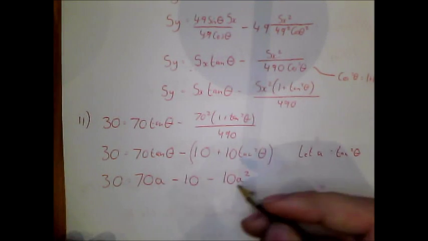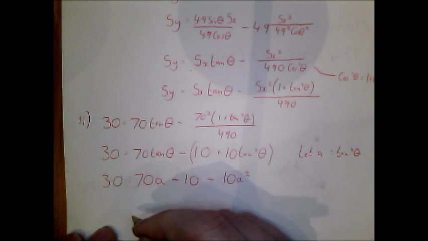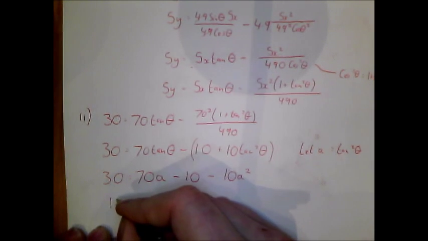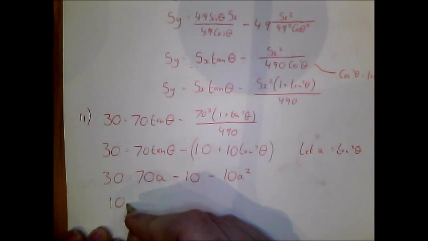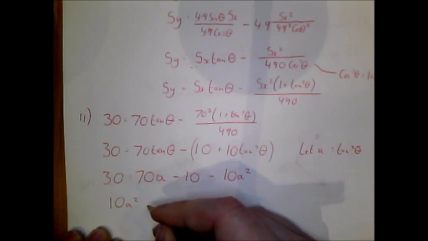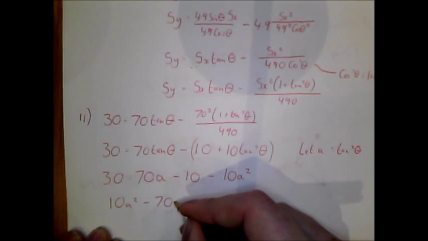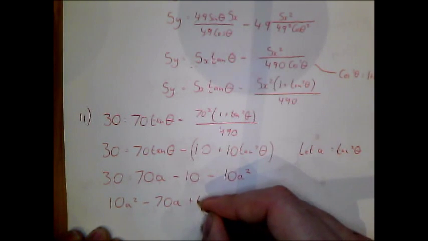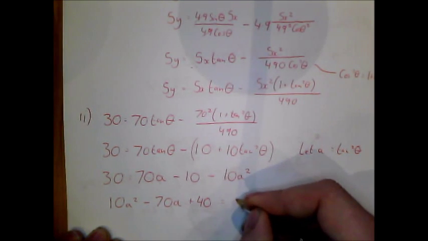And now we've got a nice quadratic. So 10A squared minus 70A plus 40 equals 0.